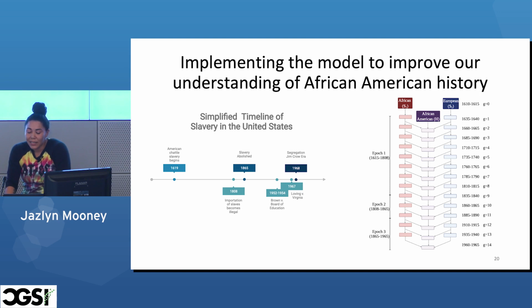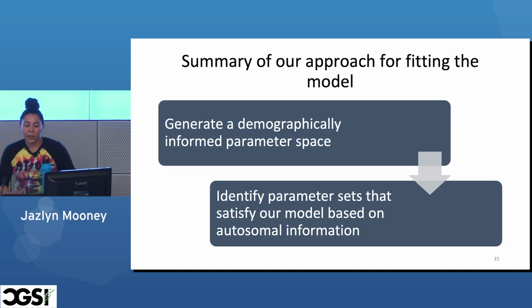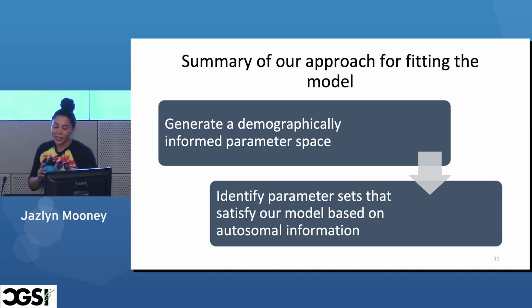So it's ending in 1965. And the reason is because most of the data that we actually have from African American cohorts, these individuals were born in and around 1965. So what we're going to do is we've generated this demographically informed parameter space, and now we just want to identify the sets of parameters that satisfy our model, and it's based on autosomal information.